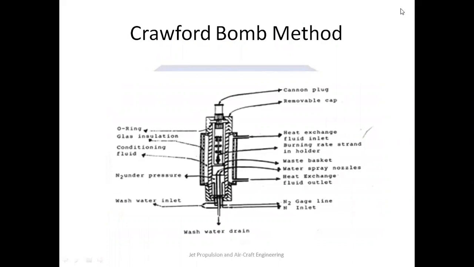Let's start with the first one, which is the Crawford bomb method. This technique was developed by Crawford and co-workers in 1947. In this method, fuse wires are embedded through the propellant strand at accurately measured distances, as you can see in the diagram. The propellant strands having a diameter of 3 mm are inhibited to exhibit only end burning.